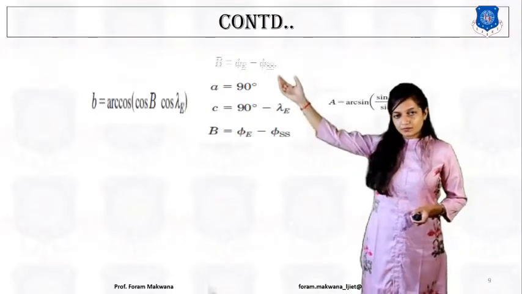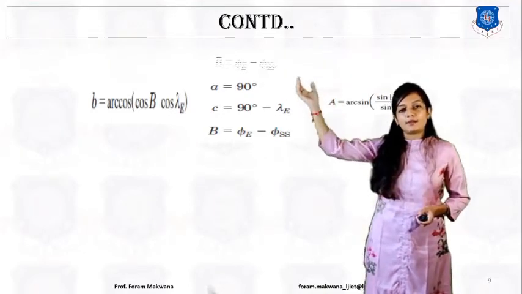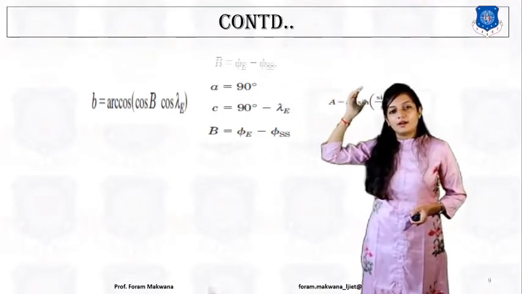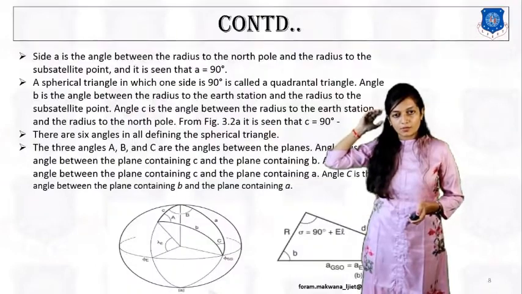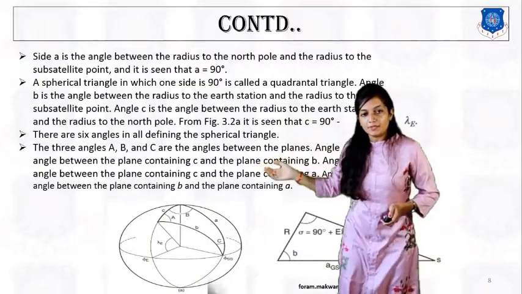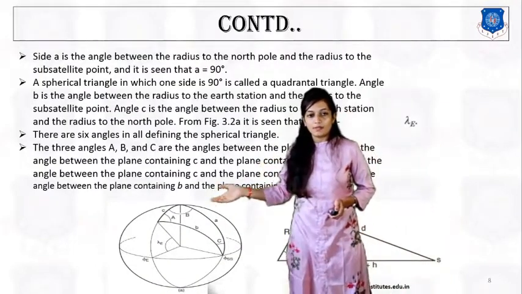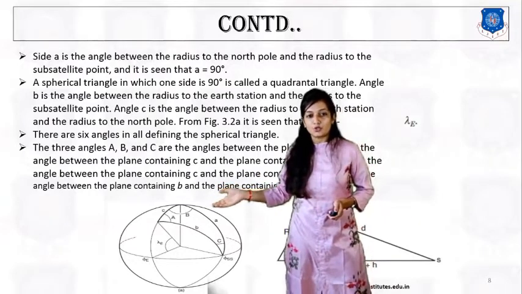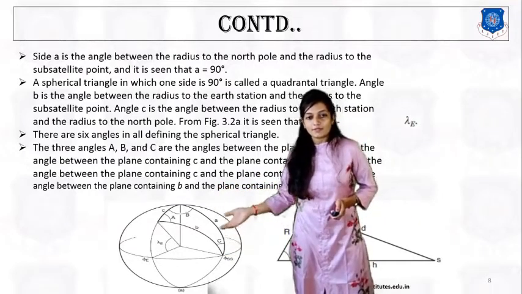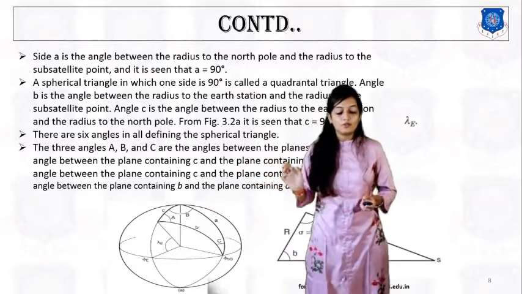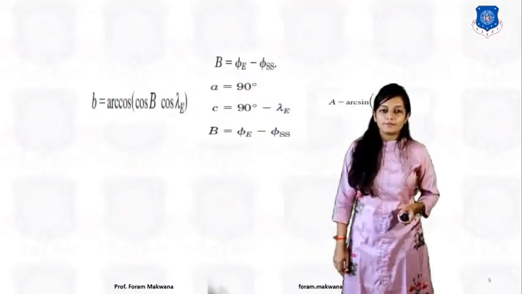Now, capital B is equal to phi E minus phi SS. How does it come? It comes from over here. This is capital B, phi E, that is the longitude of Earth station, and this is phi SS, that is the longitude of sub-satellite point.